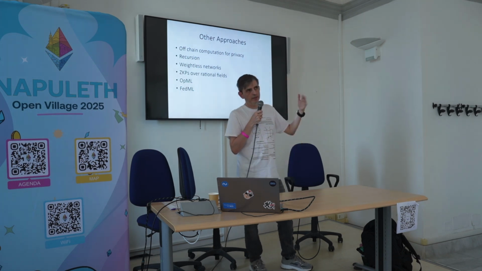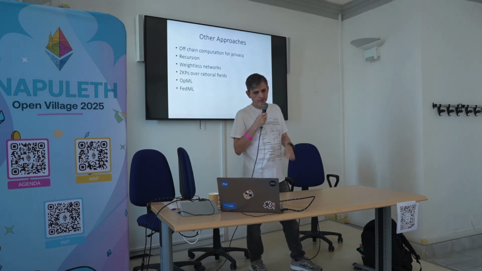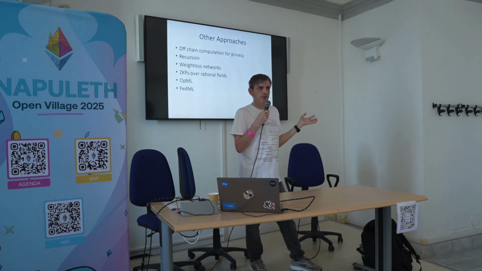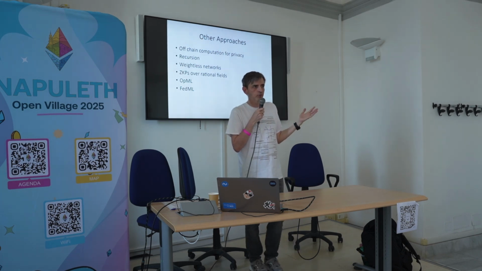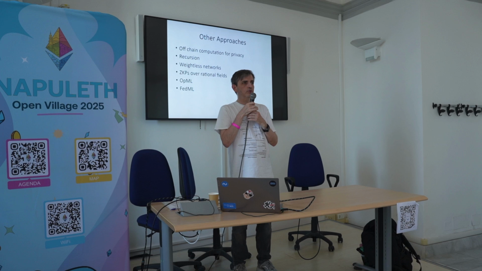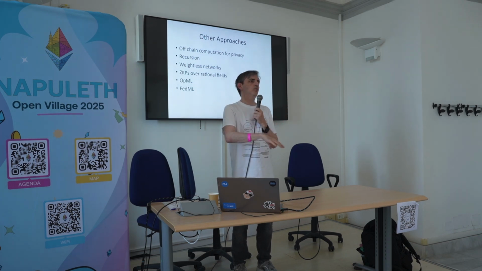So the people who set up the weightless network, which is called Zero Gravity, went back and said, do we need weights in neural networks? Are there other approaches we could take? And they've managed to find one. And so what they've done is to create neural networks without weights, which are then much easier to integrate on the ZK side.